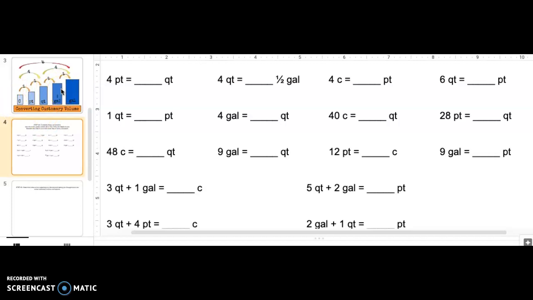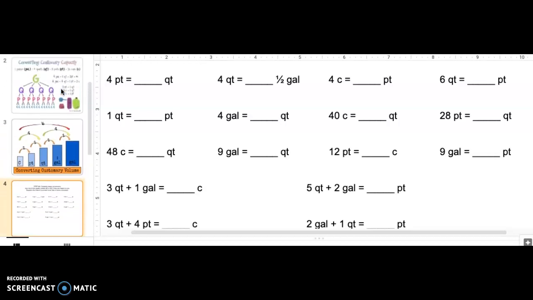That's fine. Or you may want to see this. I will keep both up, but because my brain likes to do this hopping, this is the one I'm going to use, but you're welcome to use either or neither. Let's take a look at how this works. I need to figure out 4 pints is how many quarts.